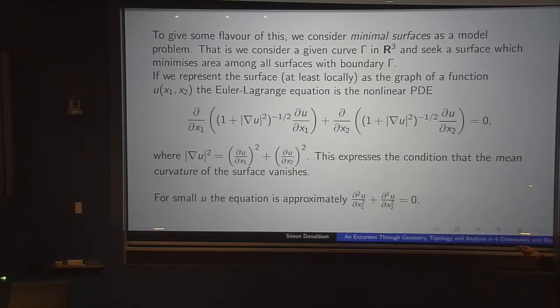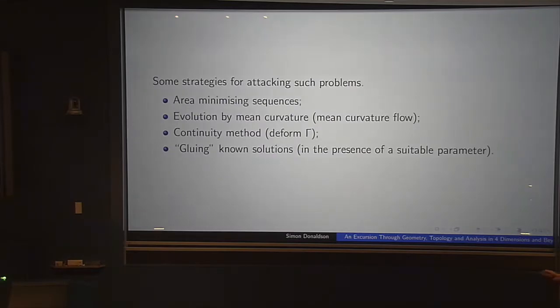And that's geometrically what this formula is. So any surface has a mean curvature. Then you can say we're going to evolve it by moving at a speed given by the mean curvature. And the hope is that you would evolve into something where the mean curvature is 0. So this is another much studied strategy in these sorts of problems.